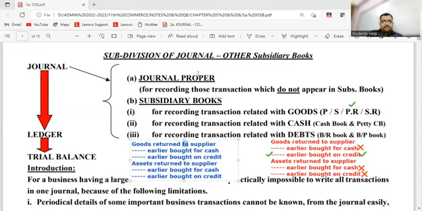Goods returned by customer earlier sold for cash or earlier sold on credit. Assets returned by the buyer earlier sold for cash or earlier sold on credit.